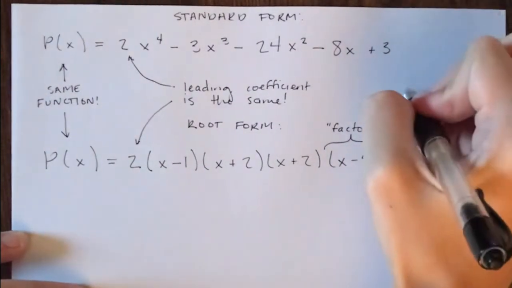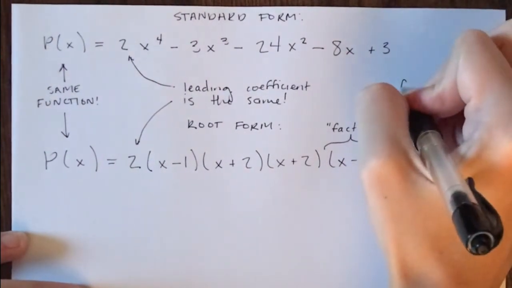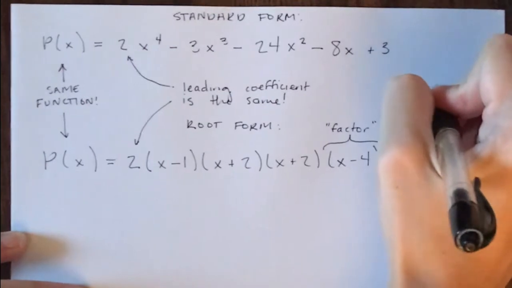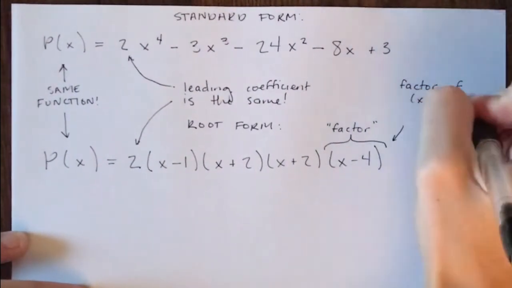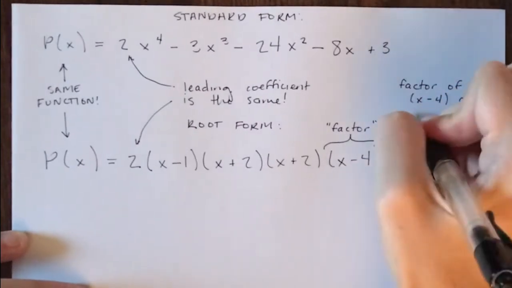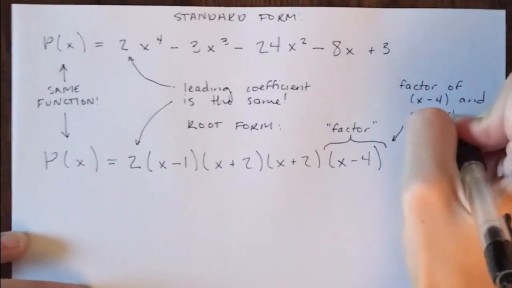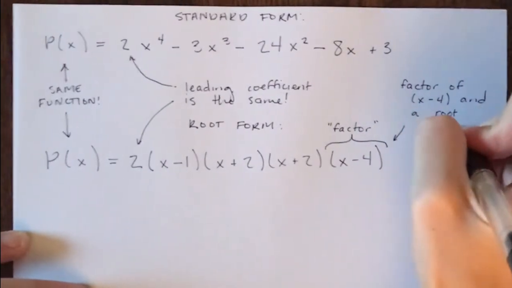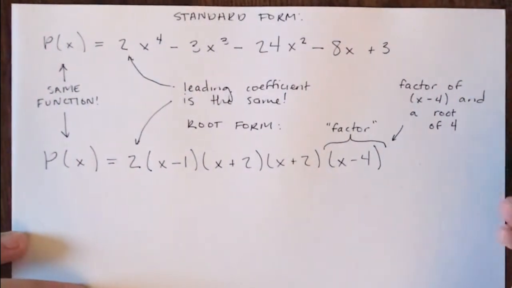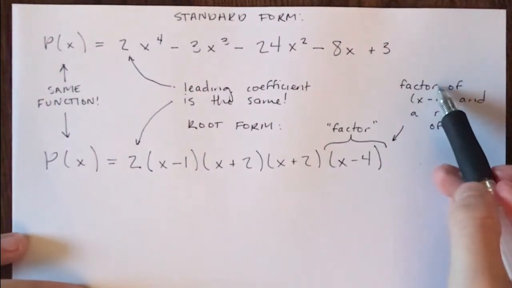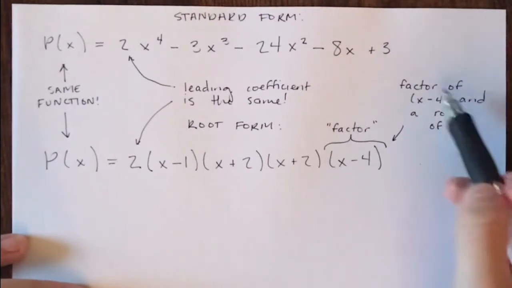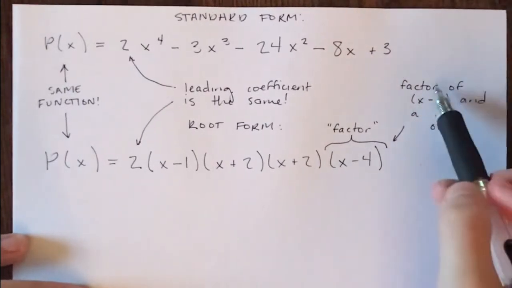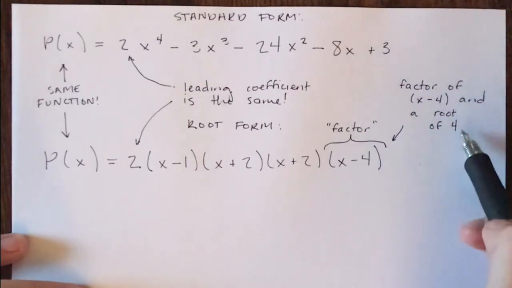So here we have a factor of x minus 4 and a root of 4. Lots of people get into the habit of switching these and saying, oh, I have a root of x minus 4, or oh, I have a factor of 4. But we have a factor of x minus 4 and a root of 4.